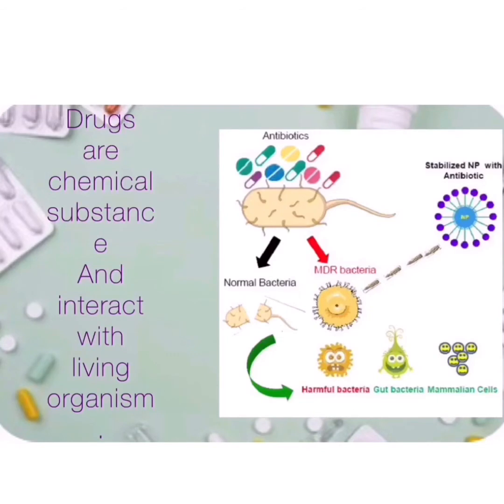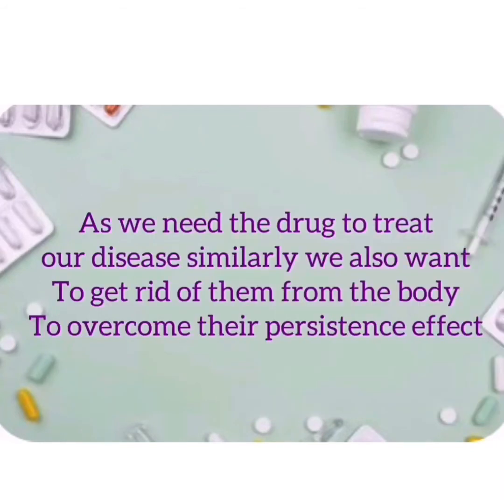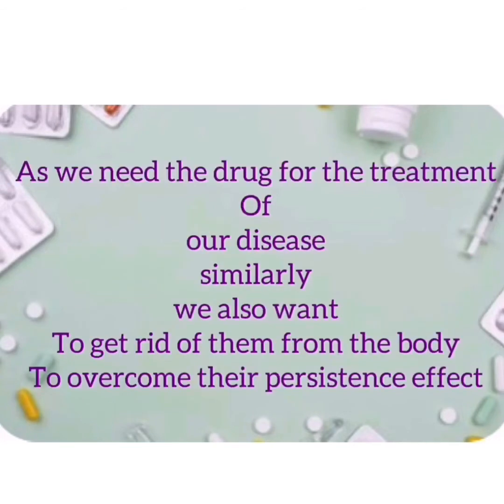Drugs are chemical substances and interact with the living organism. As we see here, as we need the drug to treat our disease, similarly, we also want to get rid of them from the body to overcome their persistent effect.